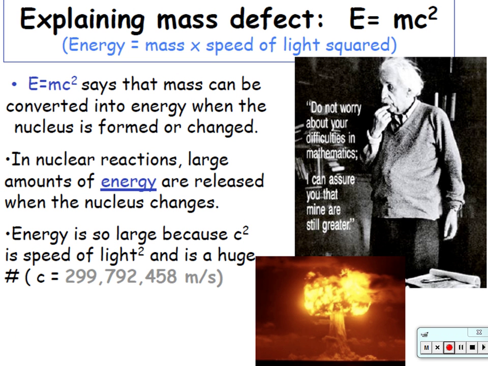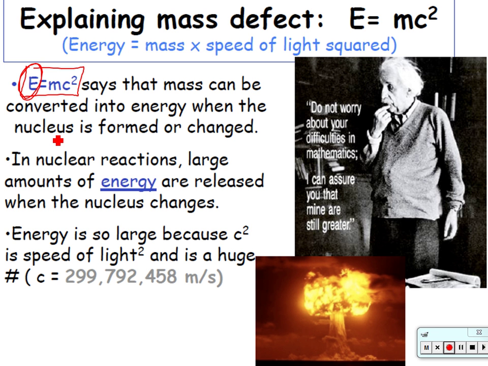So E equals mc squared helps us determine how much energy is produced. E equals mc squared says that mass can be converted into energy when the nucleus is formed or changed.